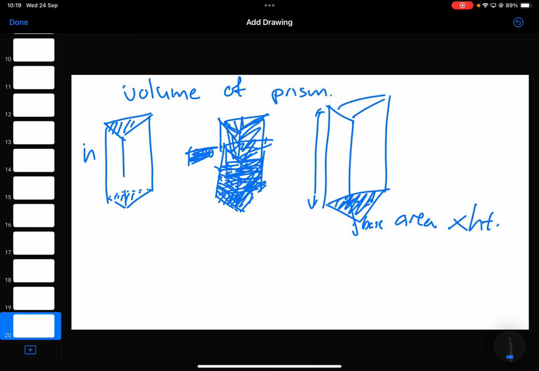Okay? Your base area or your cross-section area can be a different shape. It can be a triangle. Then my volume will become half times base times height, then multiply by the height. The area of the triangle multiplied by this height, H2, another different height.